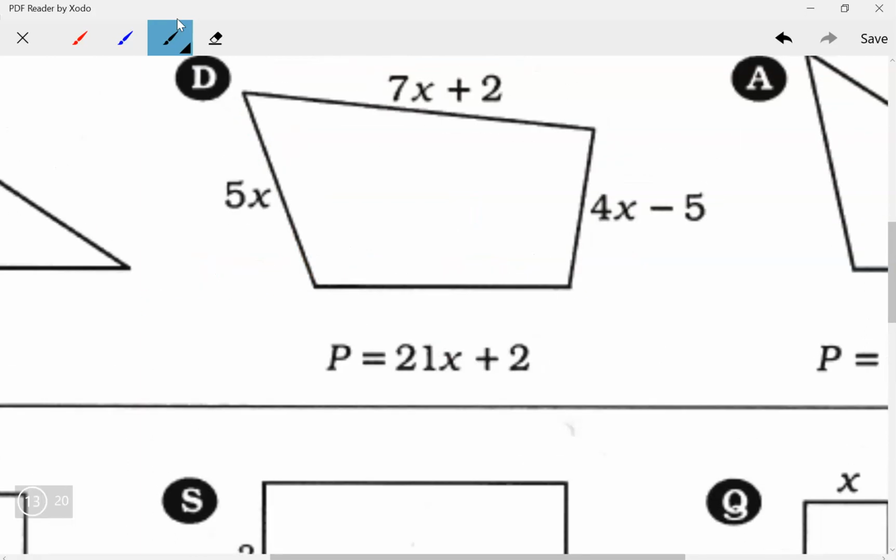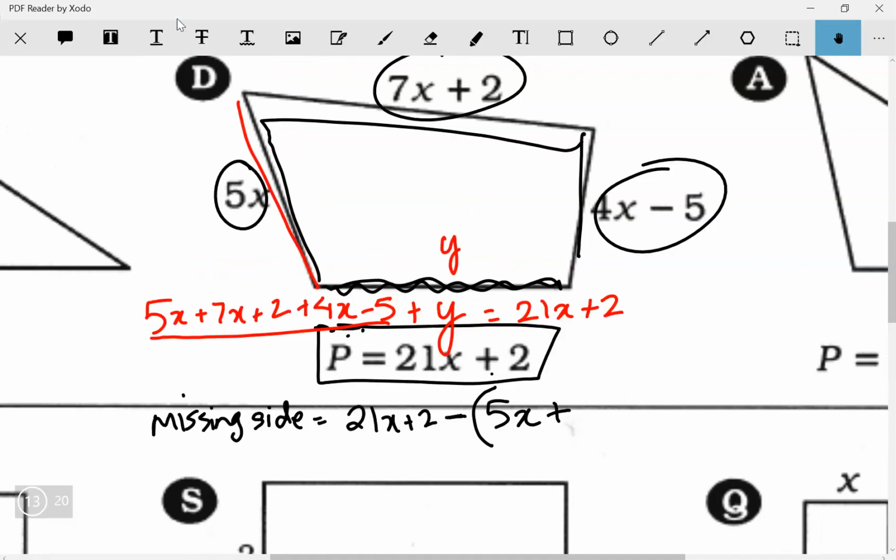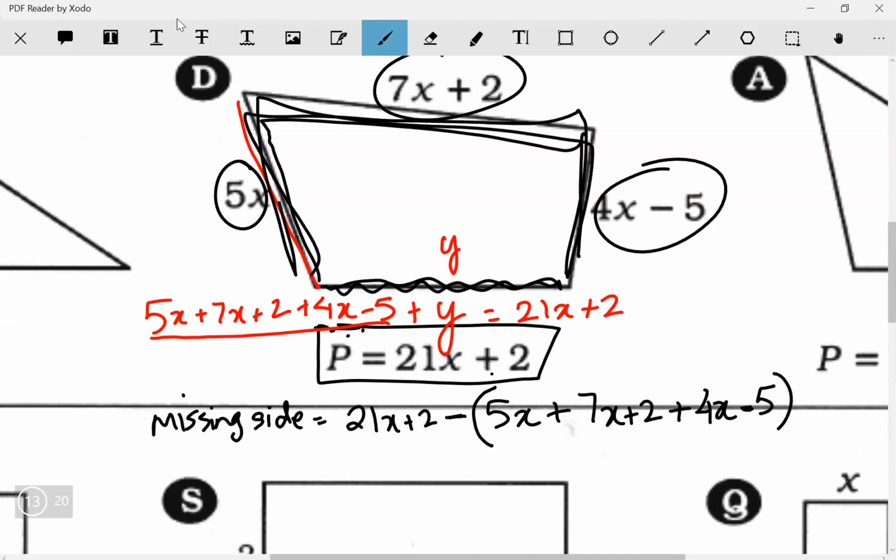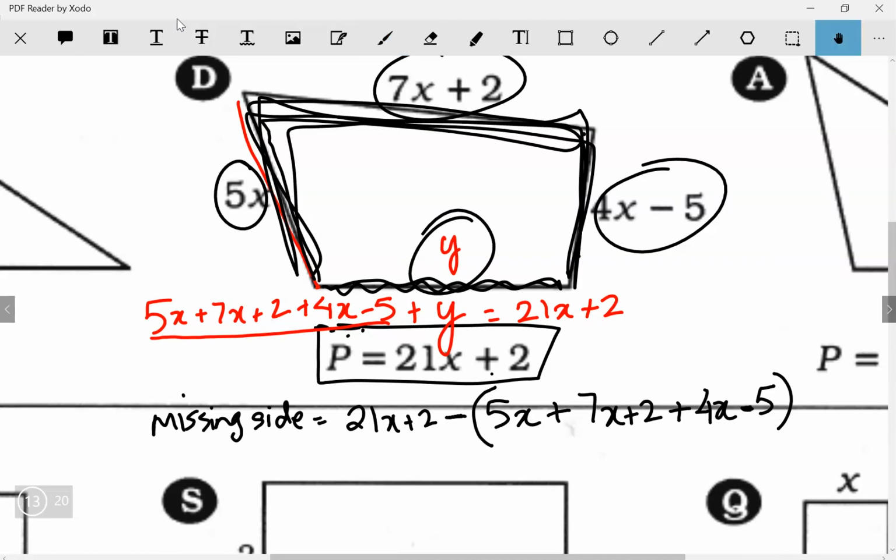What was this side? 7x plus 2, plus 4x minus 5. So this was our perimeter minus the sum of all the other sides. Important to put in brackets because we have to add these three things first, figure out how long this is, and then subtract that from the total perimeter so that we get our missing side y.